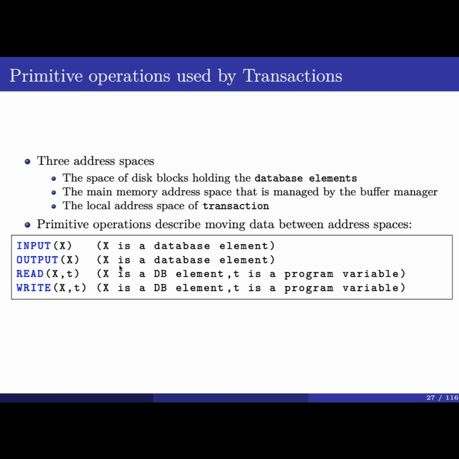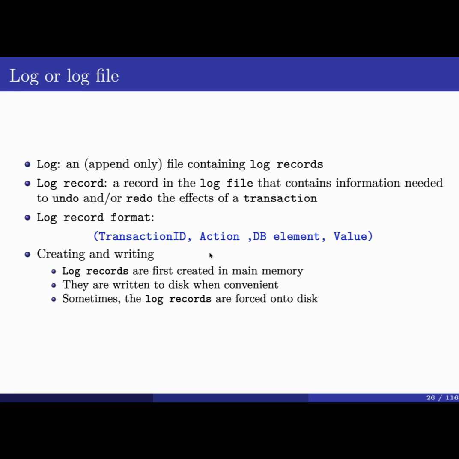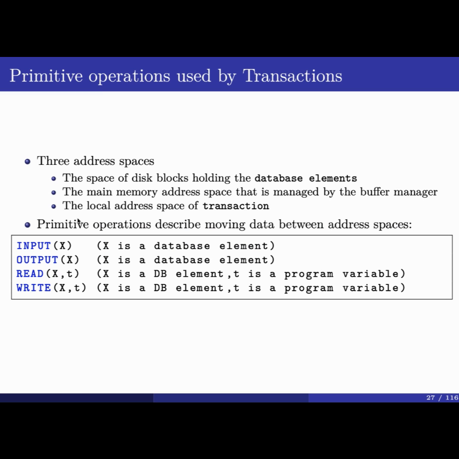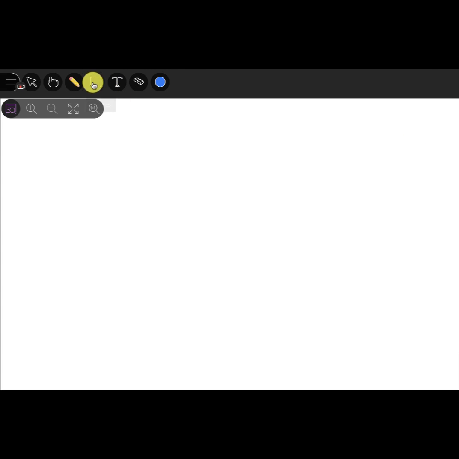So let's first start. We have many actions. What kind of operations can we do here? In order to understand this, let me give you the situation. We actually work with three memory spaces. The first one is the disk space, which means the data is stored on the hard disk.